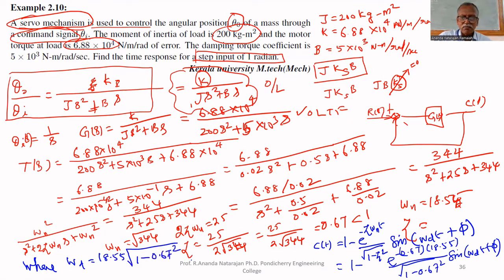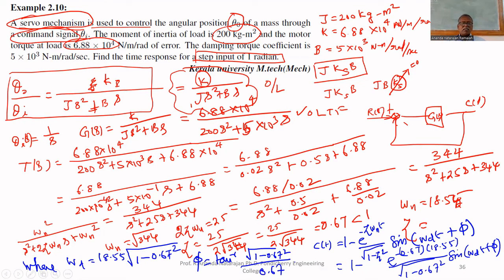Phi equal to tan inverse of square root of 1 minus zeta square, that is 0.67 square, upon 0.67. That's all. If zeta is less than 1, we can apply the formula and write the final result.